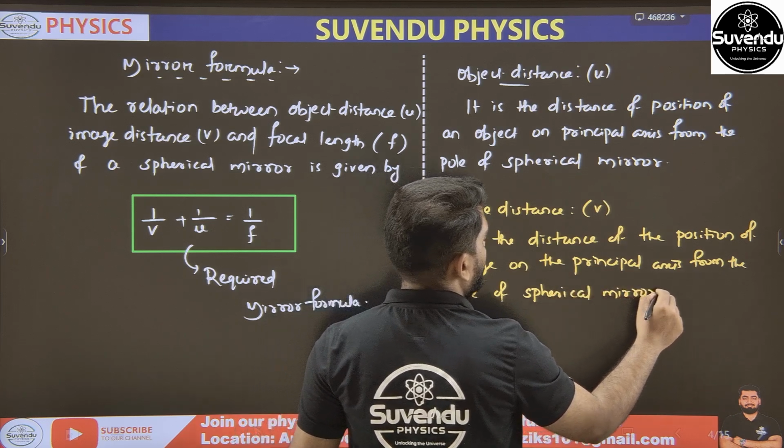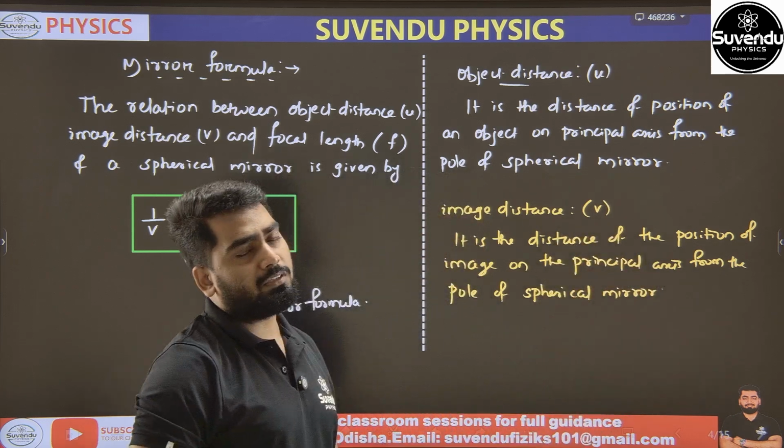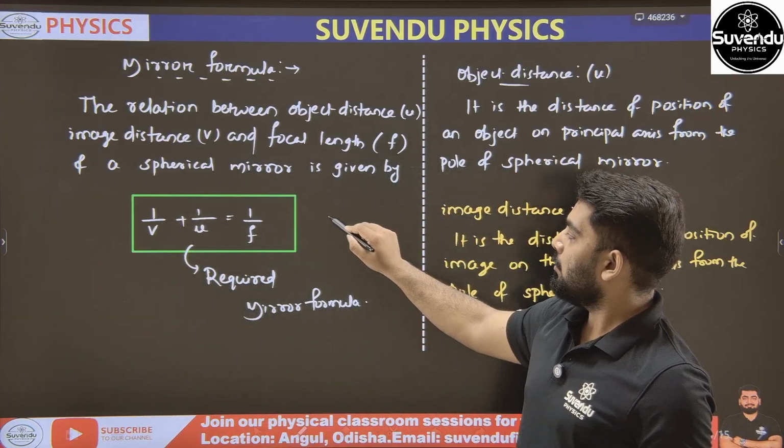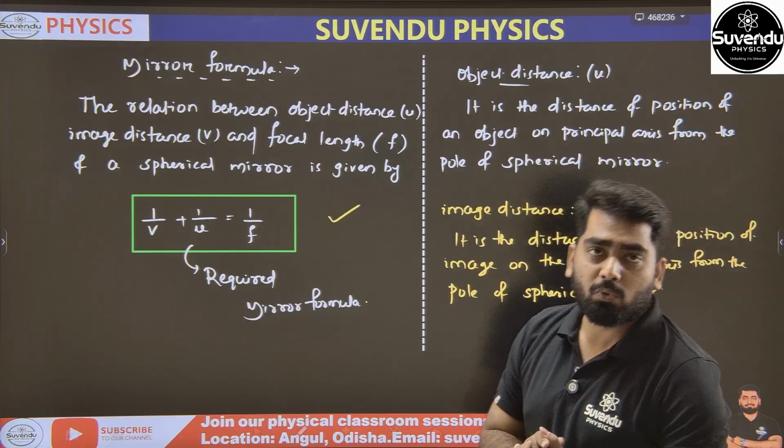This is our image distance. And the relation between u, v and f is 1 by v plus 1 by u is equal to 1 by f. This is our required mirror formula.